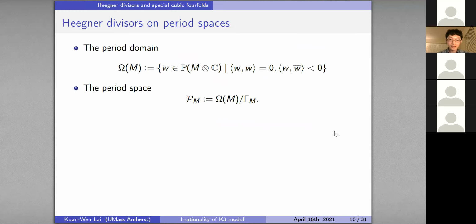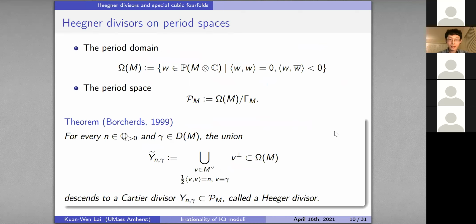Let me keep these two. This is the definition, and it's also a theorem proved by Borcherds in 1999. If you fix a positive rational number n and an element gamma in the discriminant group, then you can define this union of hyperplane sections, Y_{n,gamma} tilde.